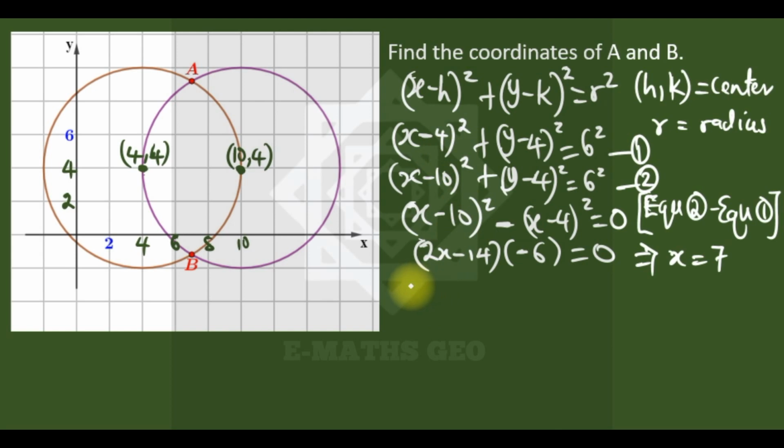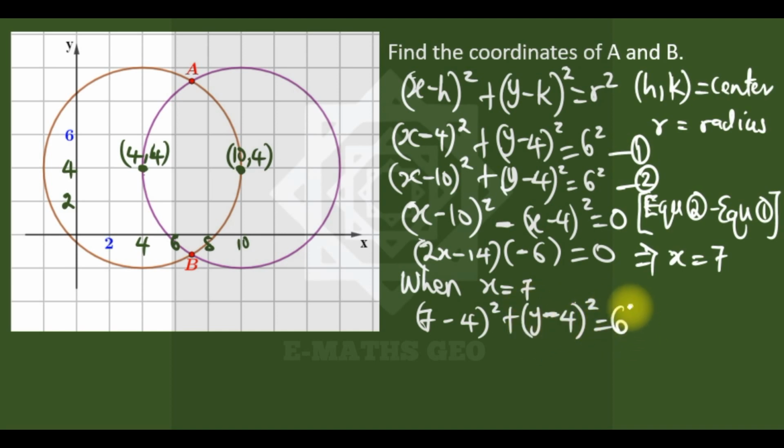So using equation 1, when x is 7, we have (7 minus 4) squared plus (y minus 4) squared equals 6 squared. So I substituted x equals 7 in equation 1.